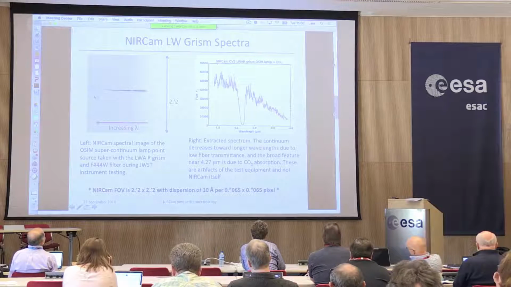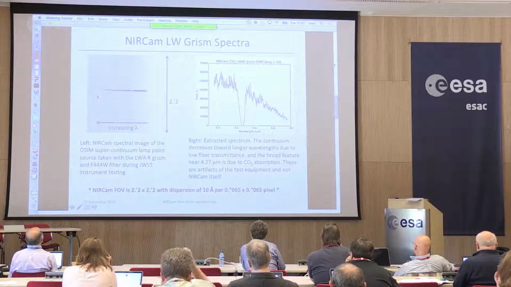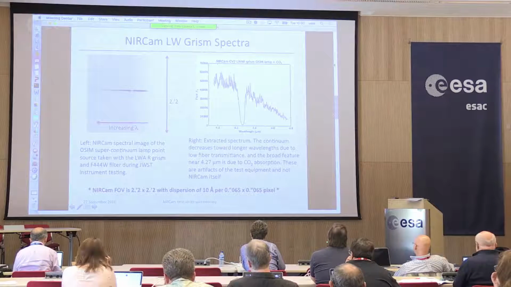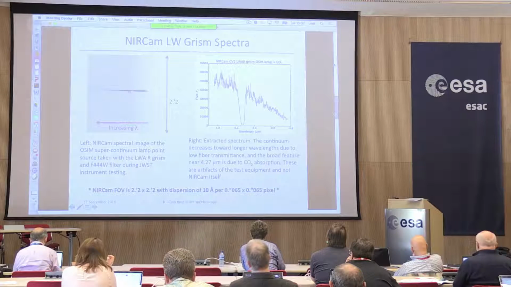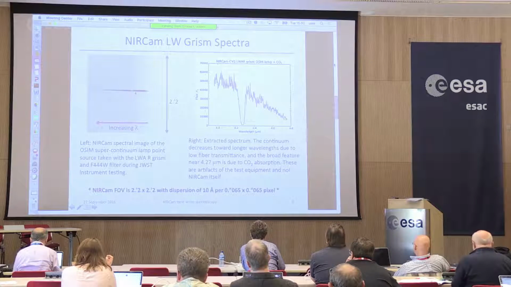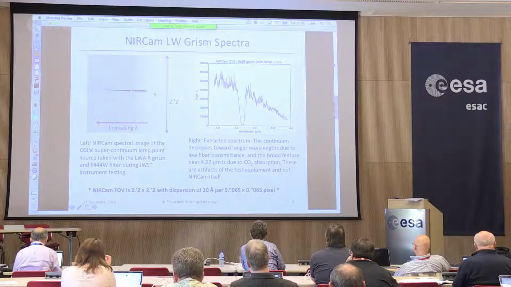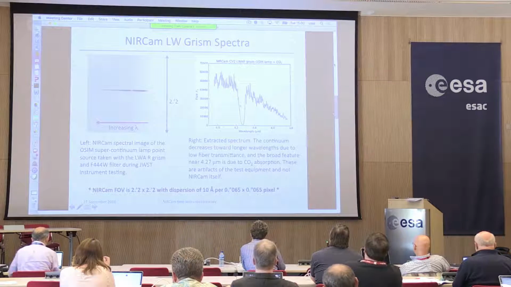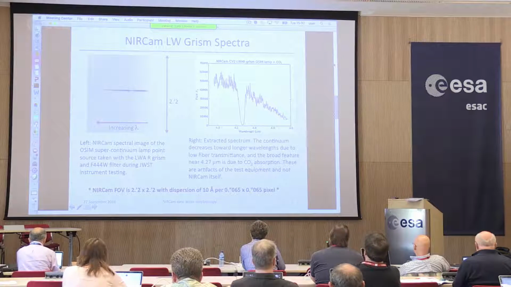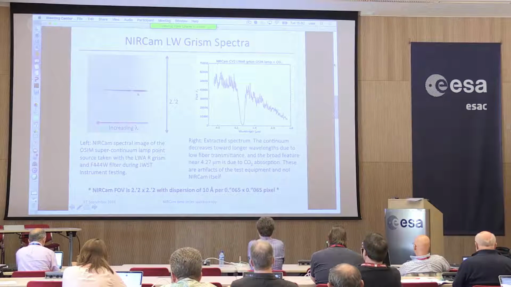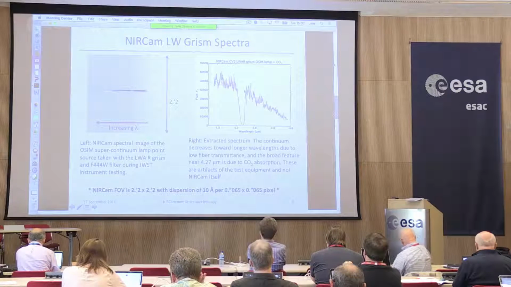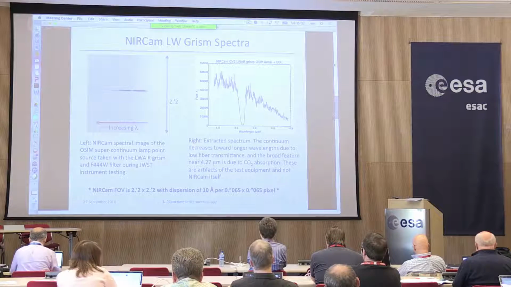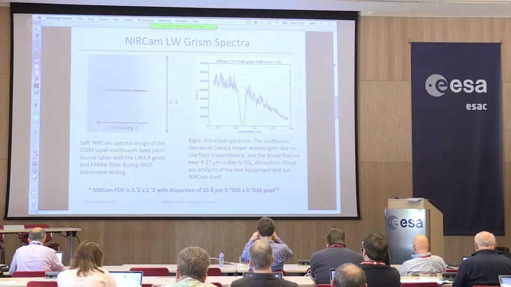Very conveniently, not by design, there was a CO2 absorption feature. There's some ice, not in NIRCam or the rest of the ISIM, but on the test equipment here. This is the extracted spectrum, and this dip here is that absorption blob in the middle. The flux fell off not because of NIRCam, but because of the test equipment in that test.